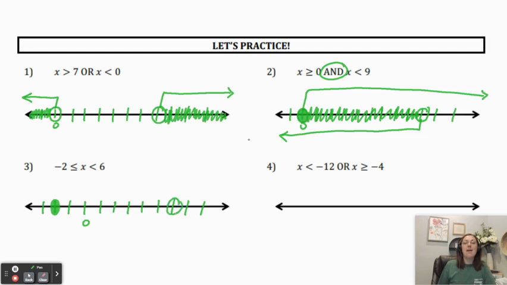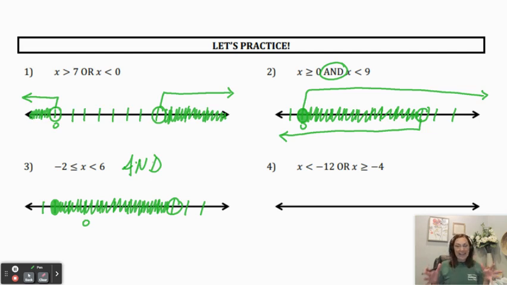Put an open circle. And I love, because these are already written together, I'm just going to shade between them, because notice that x is between them. That lets me know that I shade between them. Remember, this is an and inequality. Even though they didn't write the word and, we know this because only and inequalities can be written together.